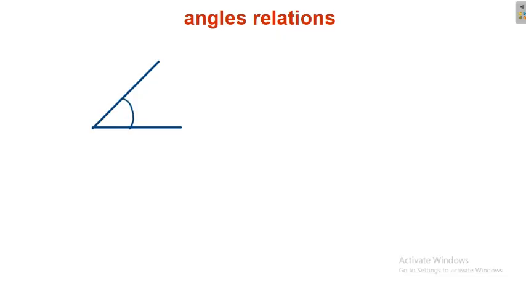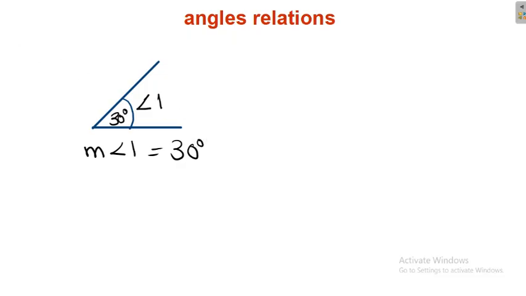The first one is the name of the angle, like we can call the name angle 1. And the second one is the measure, it's in degrees. We say that measure of angle 1 equals 30 degrees.